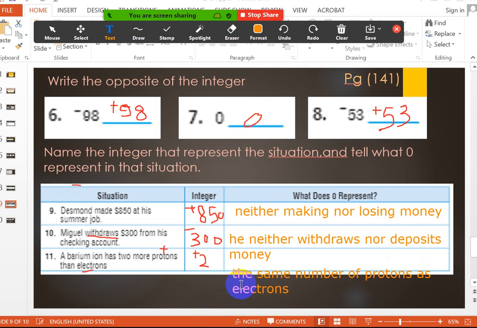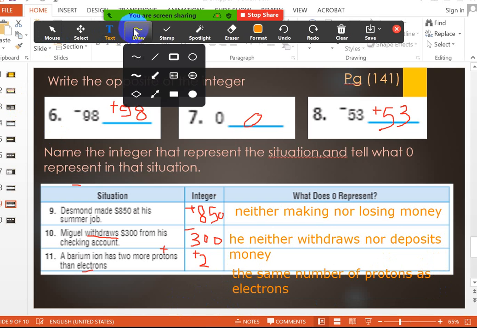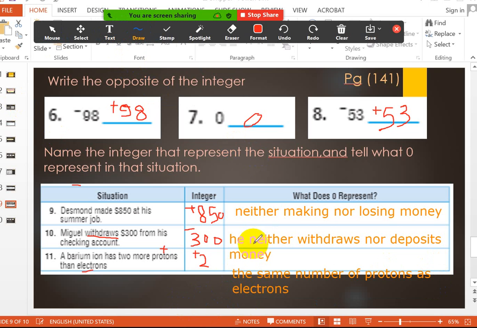Okay, this is the answer for number 11. If you finish, please type 1 in the chat.